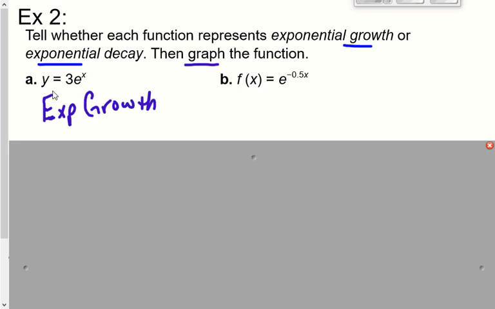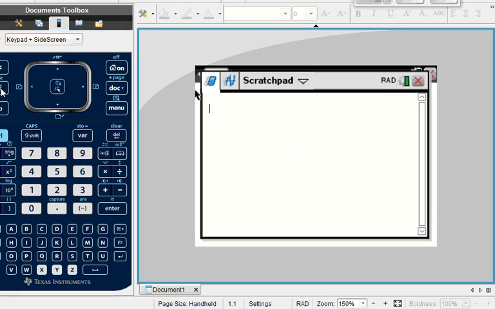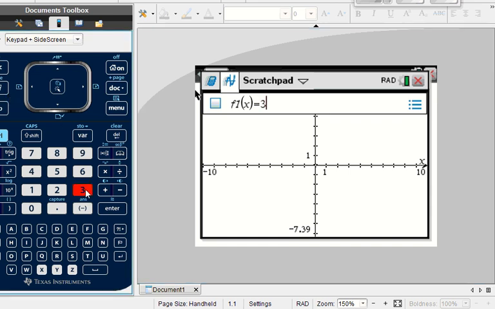Now to graph that, just put that in your calculator. You don't have to put y, you can put f of x, so you can leave it as a function. So you're just putting 3e to the x in the calculator. So on our calculator screen, we're just going to go to the graph and plug in our 3.